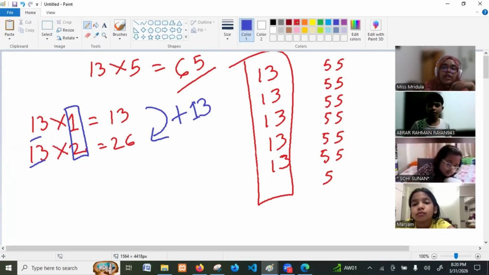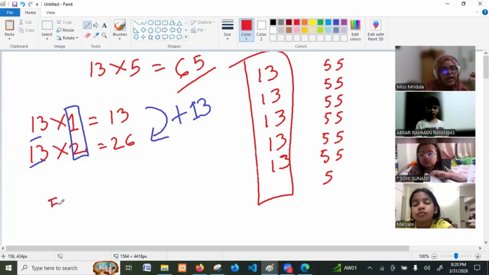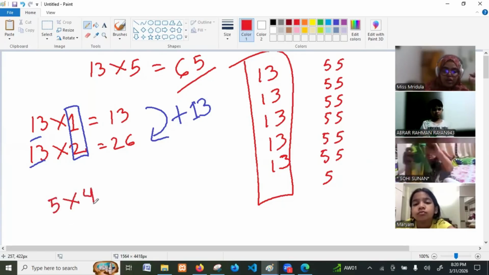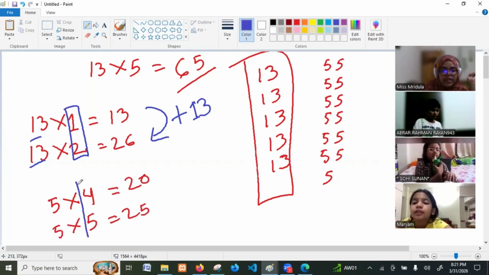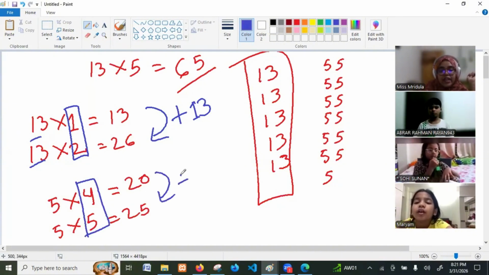If we write it the other way, if I have written 5 times 4 and 5 times 5, right? So 5 4s are 20 and 5 5s are 25. You can see that the multiplier is being changed, so I can simply increase every time by 5, right?